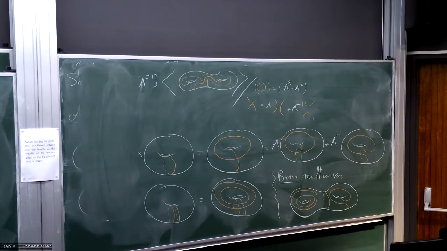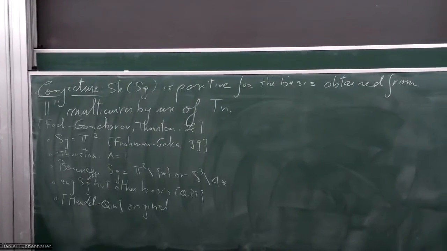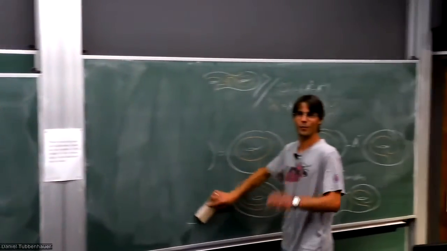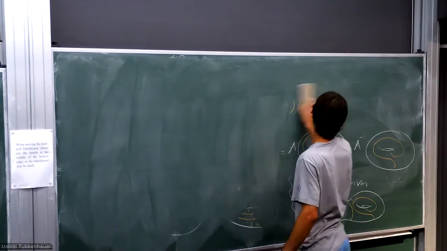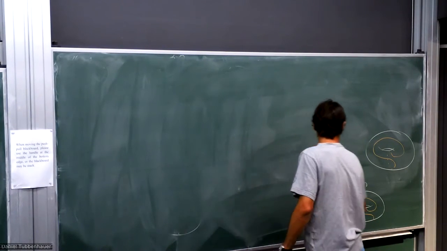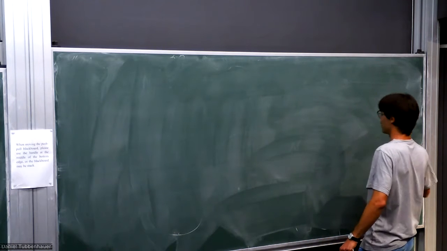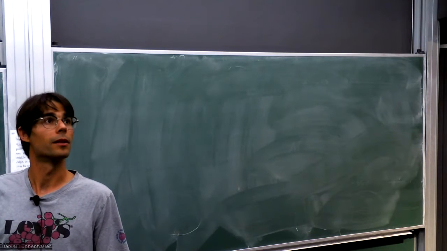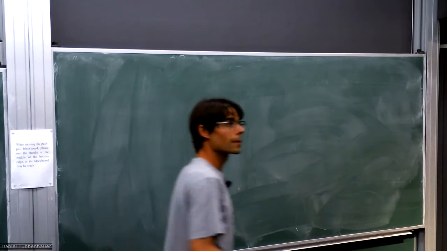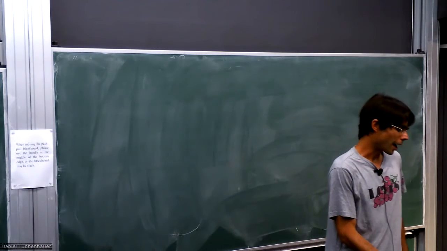And for the torus, it's just wrong for the special basis, but for a very good reason. And Mandel and Qin did just the full original one, totally different things, I guess.